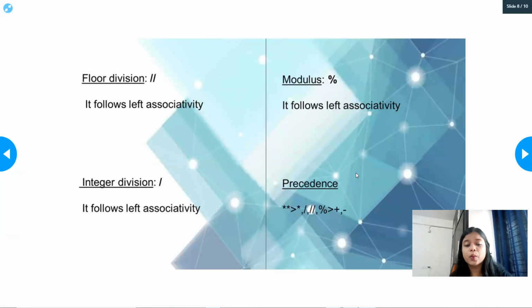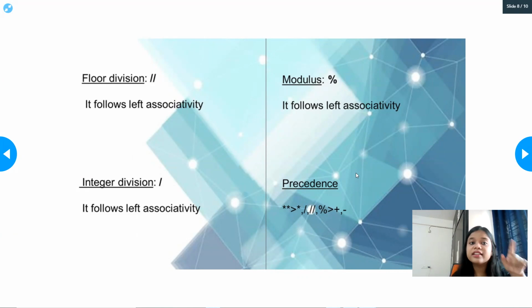Now how is precedence helpful? Why is precedence required? For example, if you have an expression which contains exponential, multiplication, and plus, the computer is confused about which one to start from. So we provide the computer with a rule: if you see an exponential, do that first, and if exponential is not there, then search for multiplication, division, or modulus.